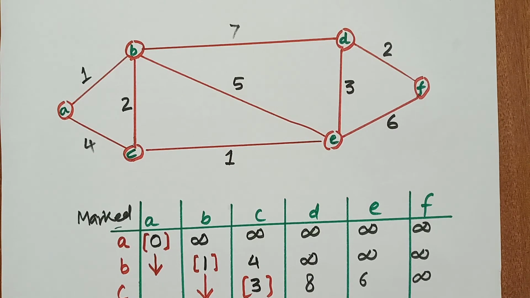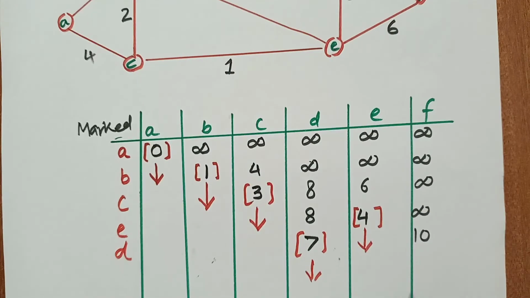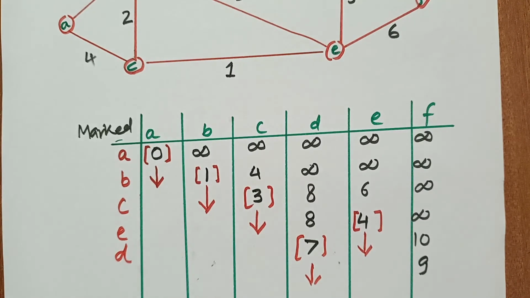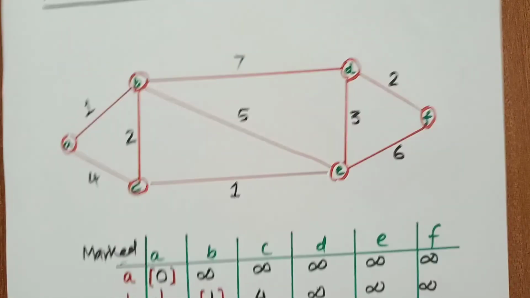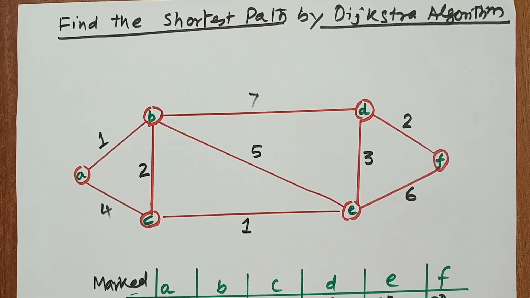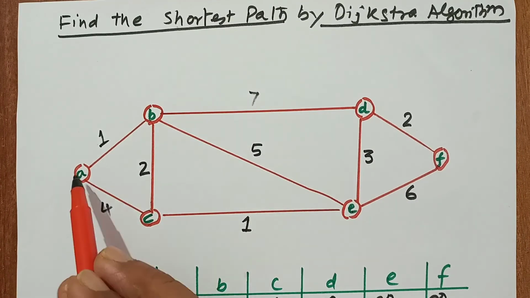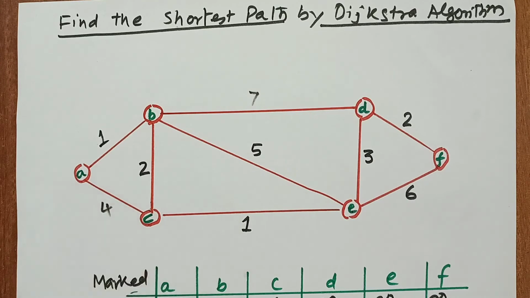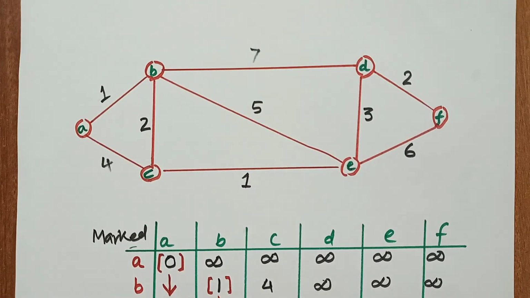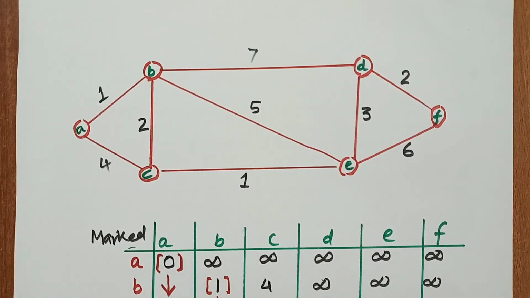Okay, what is the value? We will write 9. So only this is last value, so we marked here. So here F. Okay, so now this is very easy to see. What is the shortest path? You see, this is source vertex A. So if you want to reach A to B, minimum weight is 1.